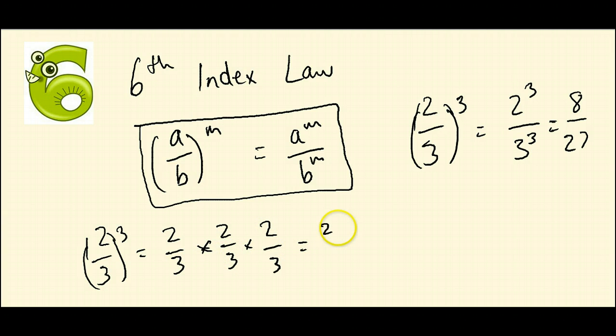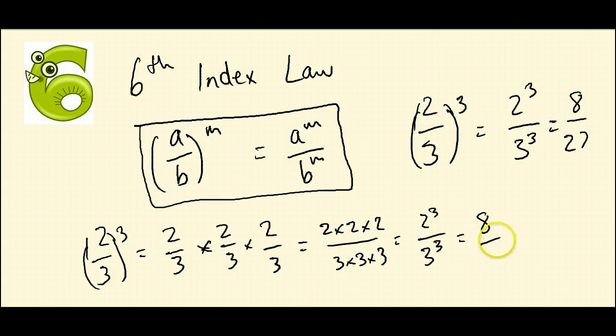So that's going to mean we're going to have 2 times 2 times 2 divided by 3 times 3 times 3. 2 times 2 times 2 is obviously 2 to the power of 3. 3 times 3 times 3 is 3 to the power of 3. And obviously it's going exactly the same way as we had up the top earlier, we end up with 8 over 27. So there's the 6th index law.